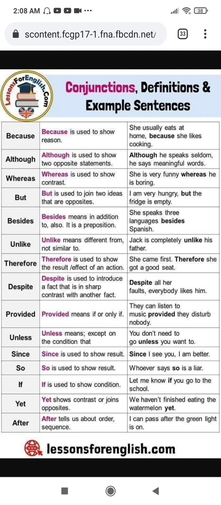Since. Since is another very common conjunction. Since is used to show the effect or result. Since I see you, I am better. Look, here you see two pairs, very obvious here, two pairs in a sentence. Since I see you, I am better. Why am I better? As I have seen you. Your appearance before me has made me feel better. So here since is obviously used as a conjunction.